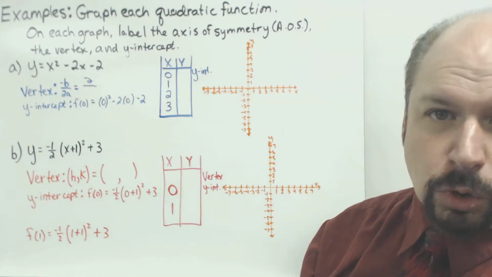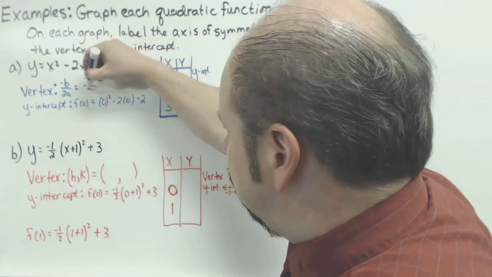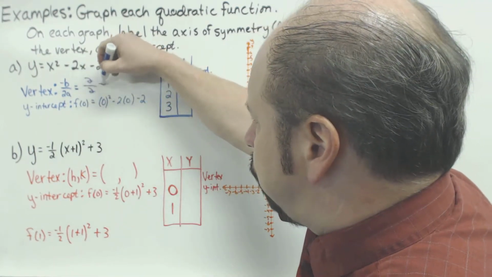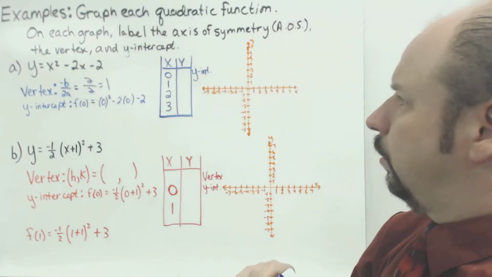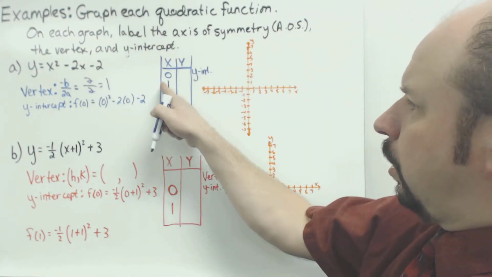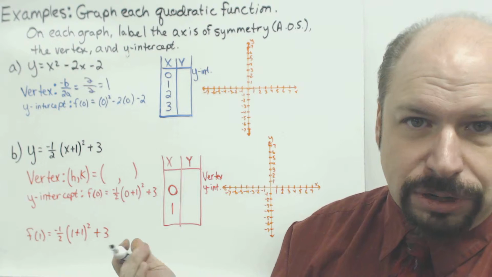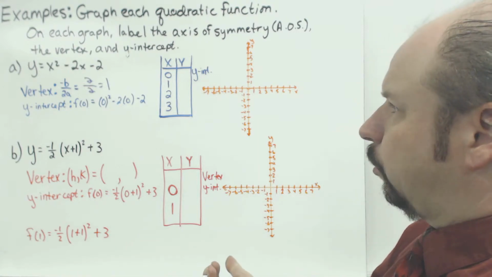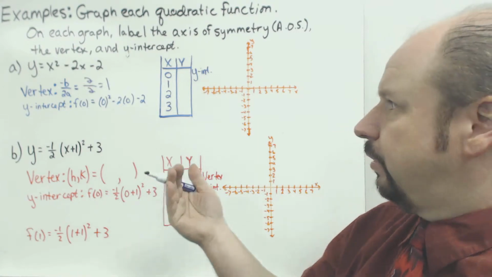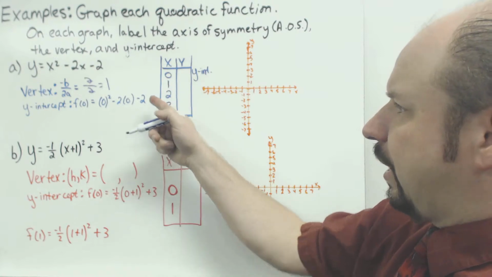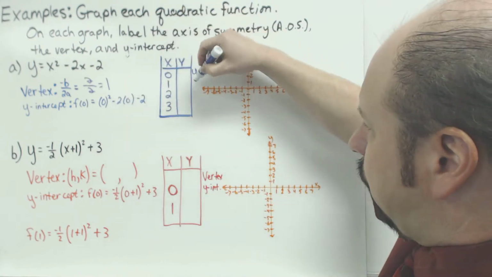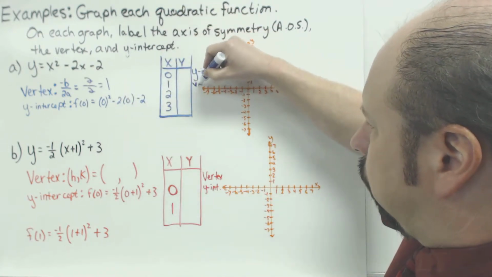Well, a is 1, so 2 times 1 is also 2. So 2 divided by 2 is just 1. So on my table of values here, I've chosen some values that I'm going to find the x and y value of. In this case, 1, this one happens to be the vertex right here.